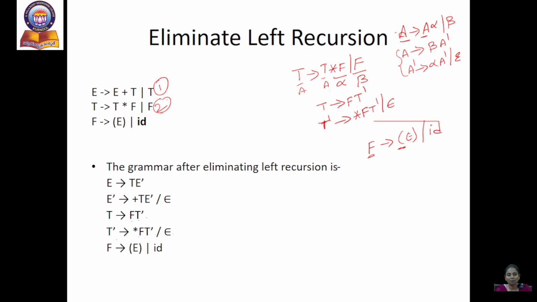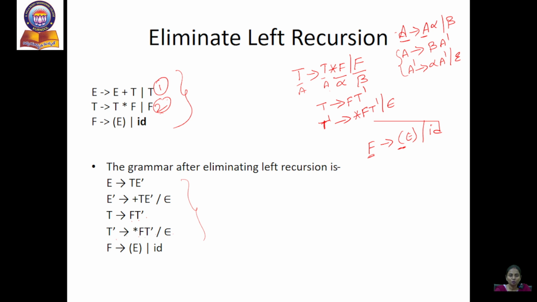Now this grammar, the grammar after eliminating the left recursion, is the one we can use for applying any type of top-down approach. Other than this, we cannot directly use the grammar for applying any top-down approach.